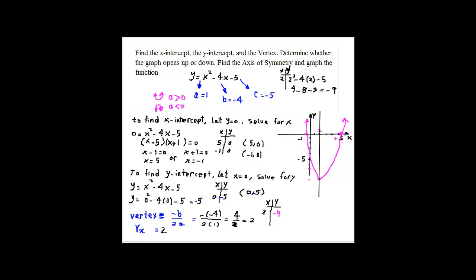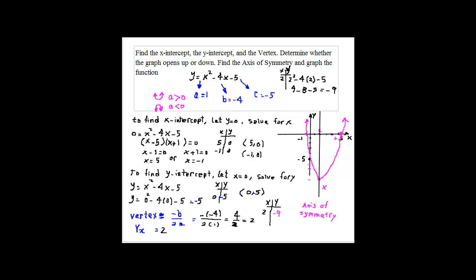Can you tell me the equation of this? The equation is x equals 2. Okay, so that is the axis of symmetry, and you said that would be x is equal to 2.